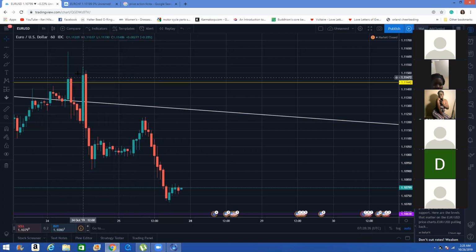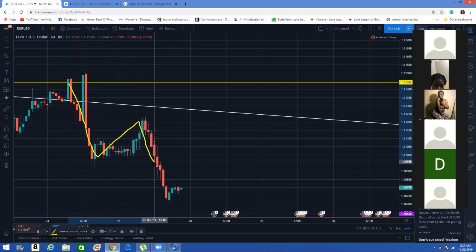All right. So if you're in a downtrend, boom, lower low, lower high. Lower low, lower high. Lower low, and now it's fixing to form that lower high.